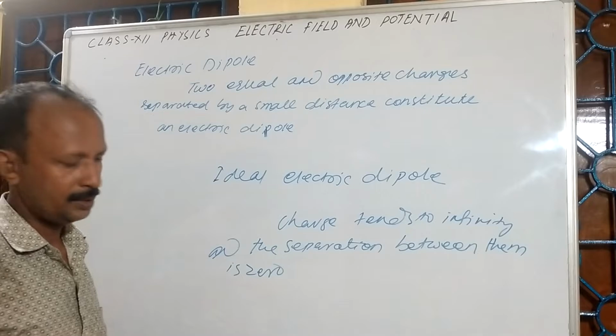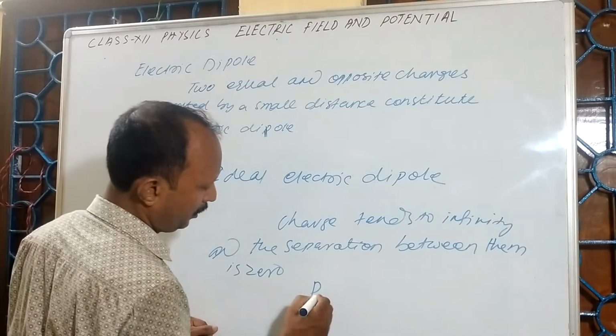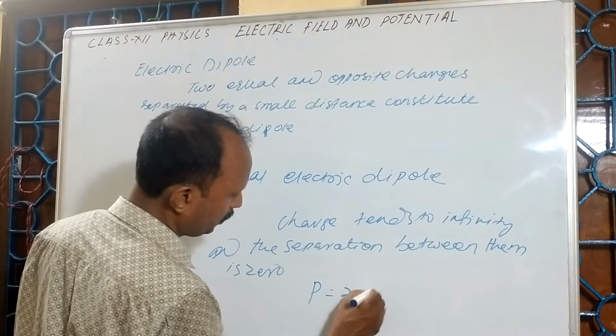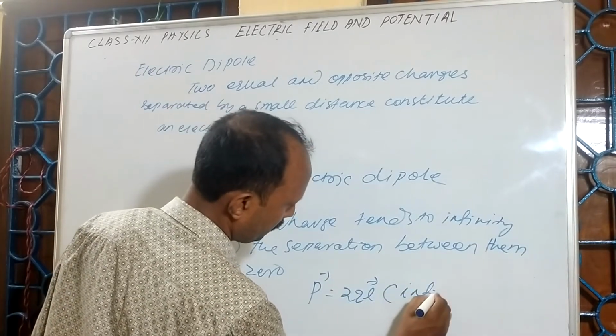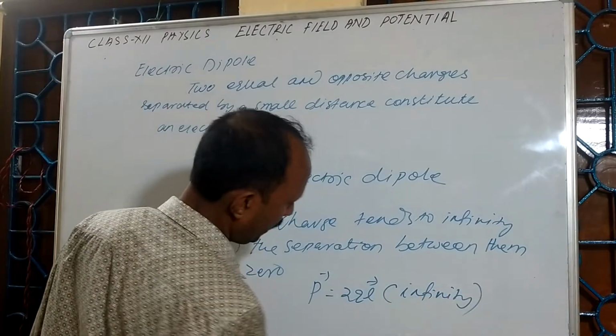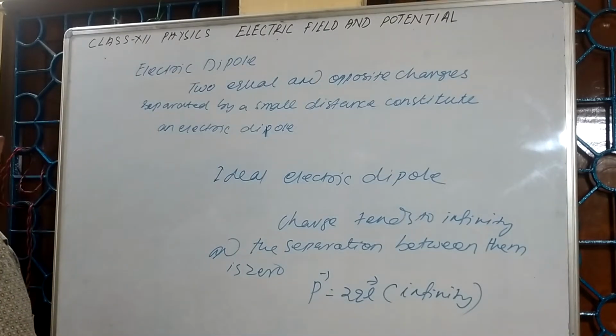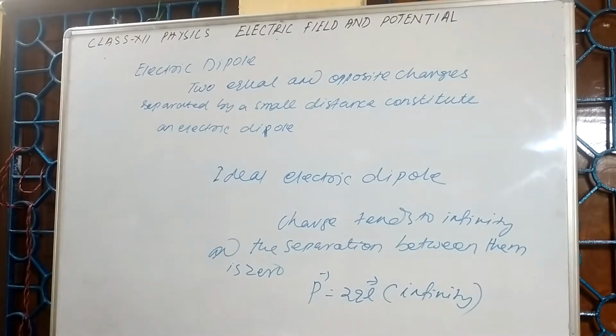That means P equal to 2ql, with q infinity and l zero.